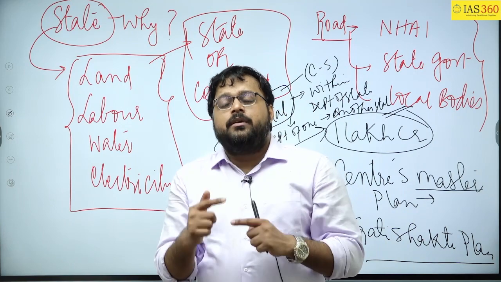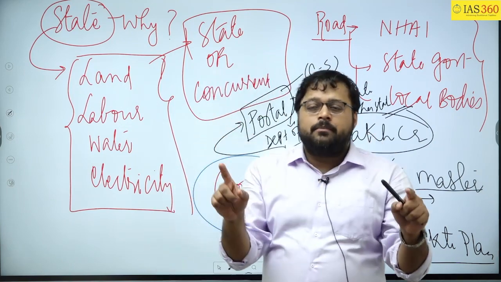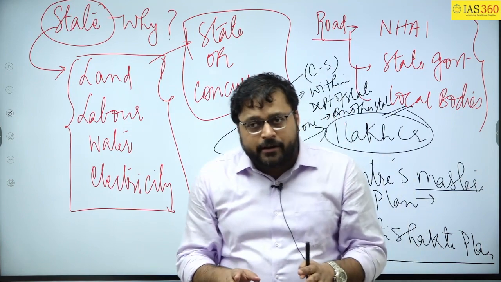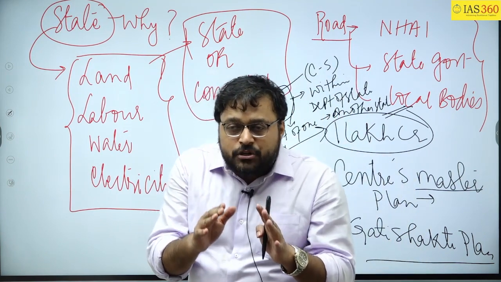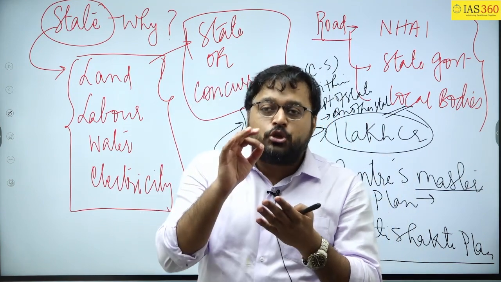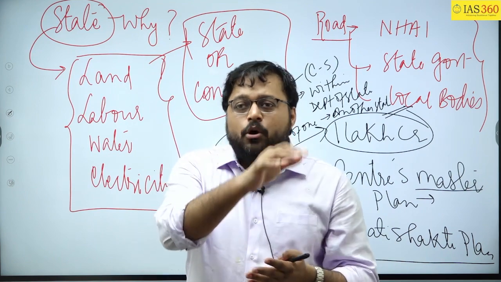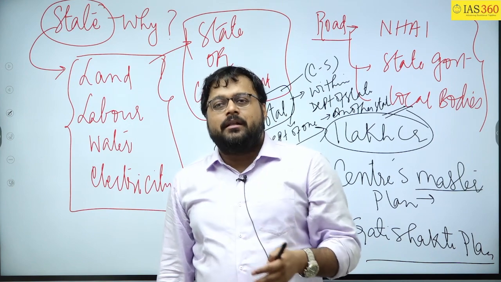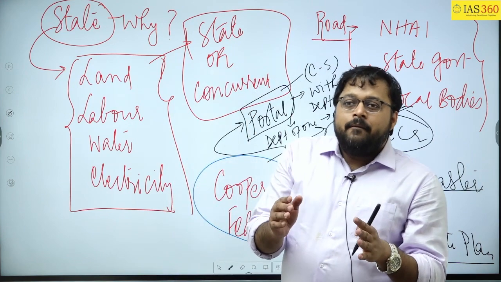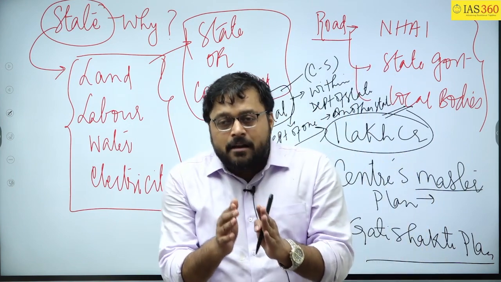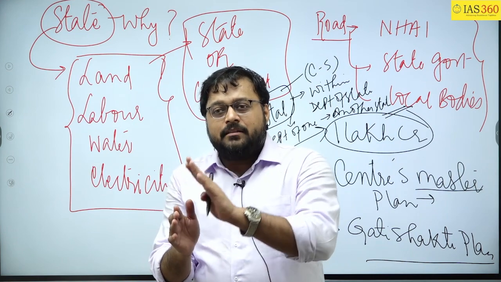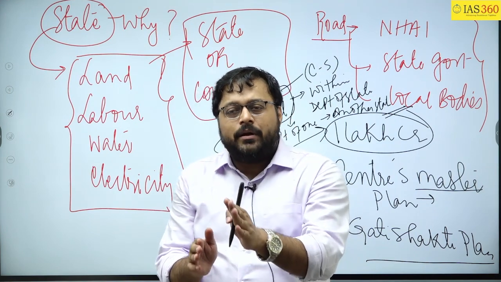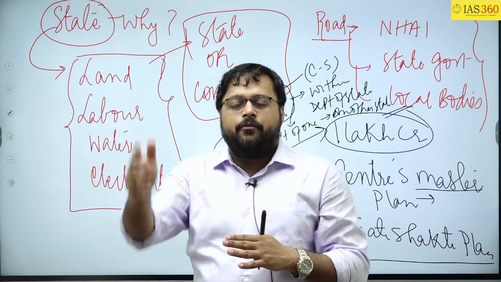Because you might have seen that major infrastructure projects like the dedicated freight corridor and major industrial corridors have been stalled because people are not giving their land. So again, the state will have to make the policy so that the land can be taken from the people, and they should be compensated adequately and rehabilitated effectively.